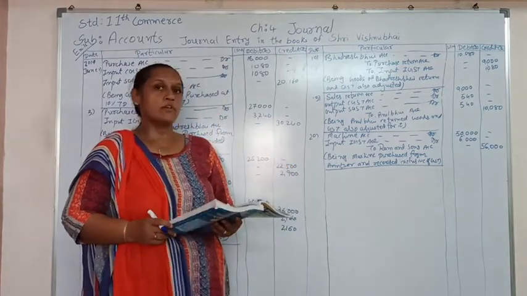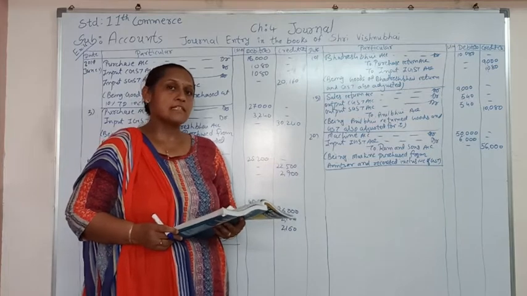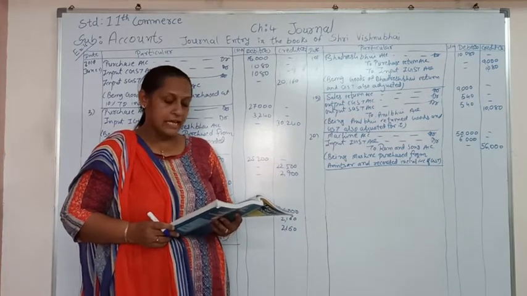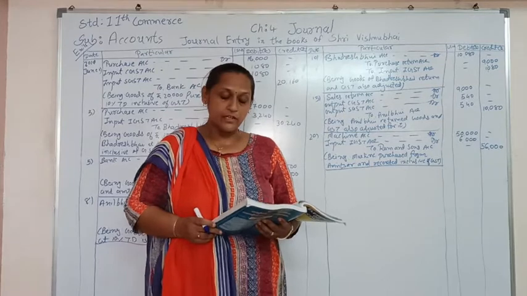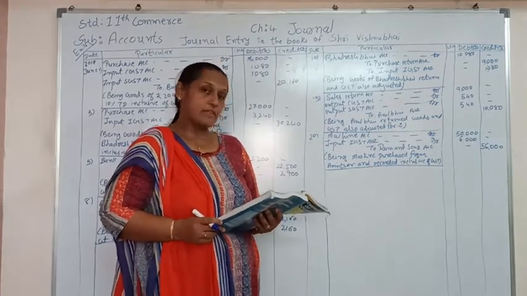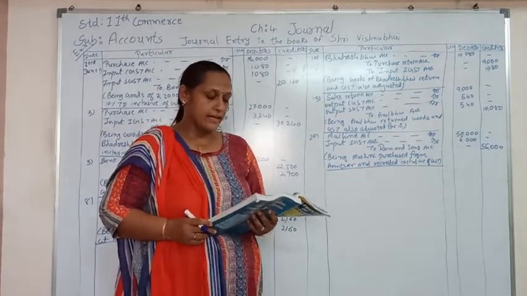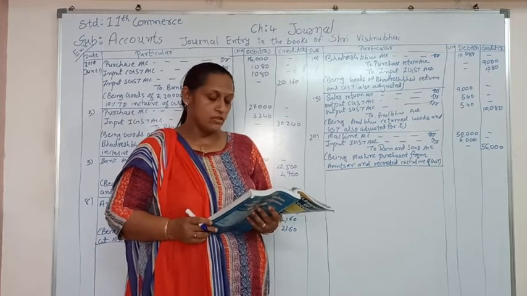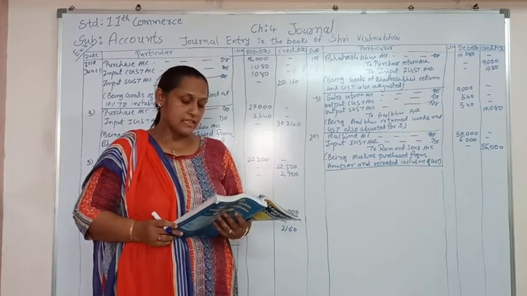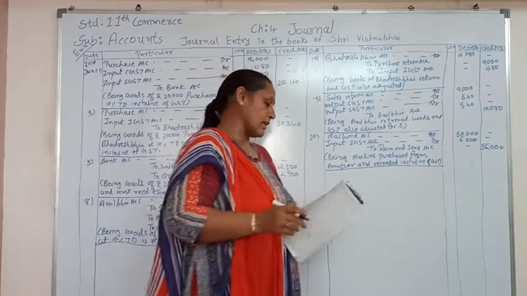So here we are going to count CGST and SGST at 2.5%, and 2.5% of 10,000 will be 250. So the journal entry will be bank account debit, to rent received, to output CGST, to output SGST account.